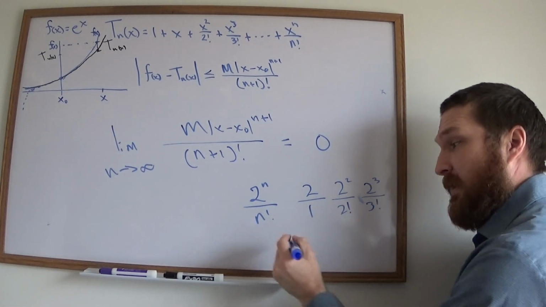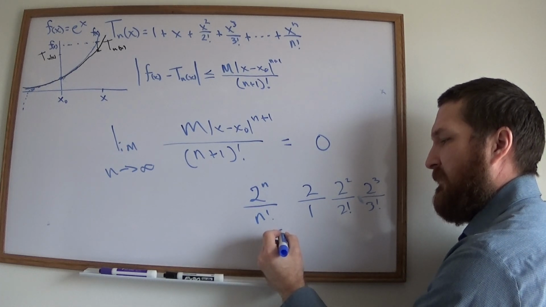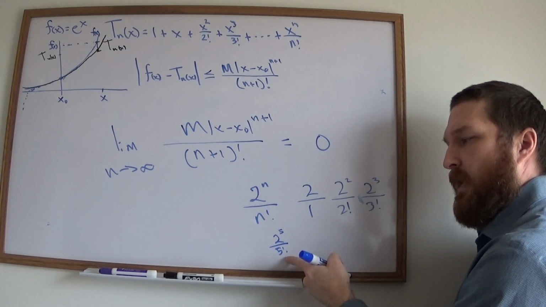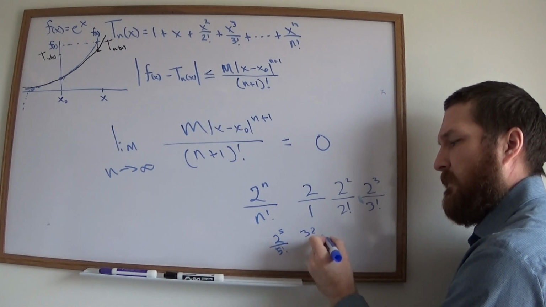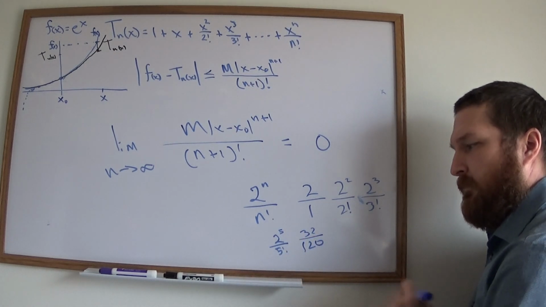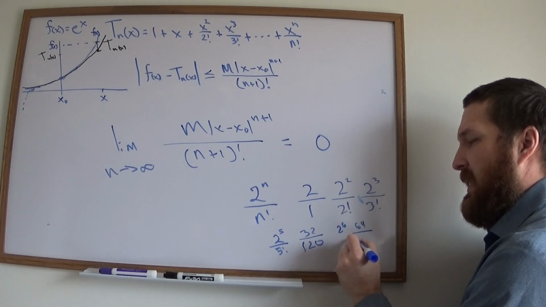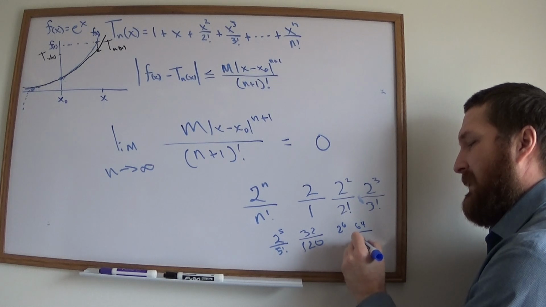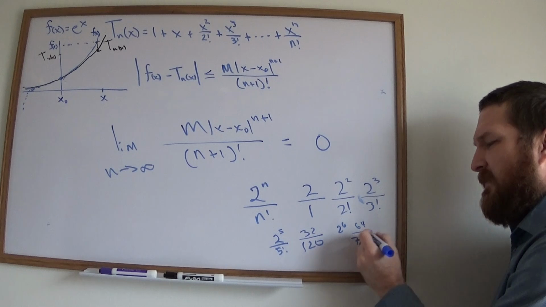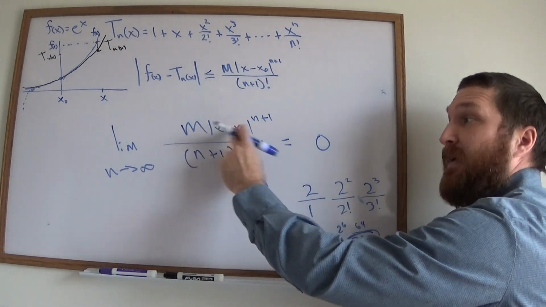But when it gets bigger, like 2 to the 5th over 5 factorial, now you're starting to see that the bottom's winning out. 2 to the 5th is 32, 5 factorial is 120. 2 to the 6th is 64, and 6 factorial is 720, I think? And so on and so forth. Eventually, the bottom blows up way faster than the top, no matter how big that is.